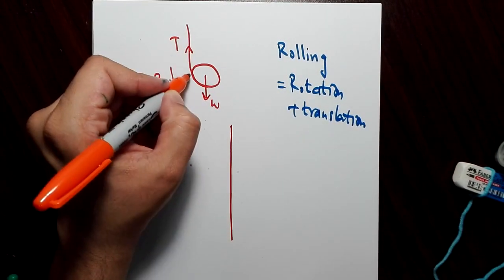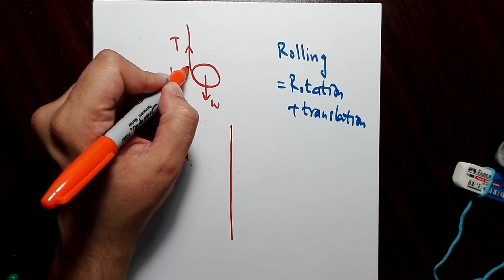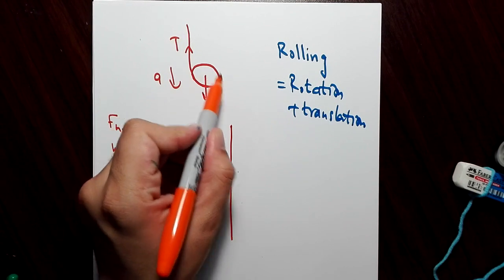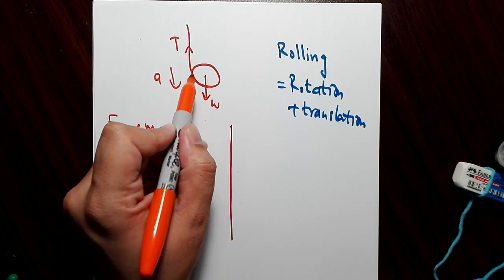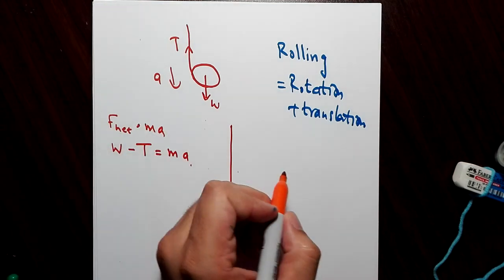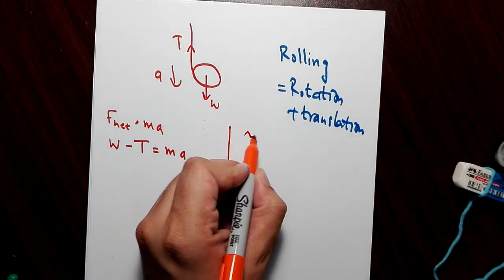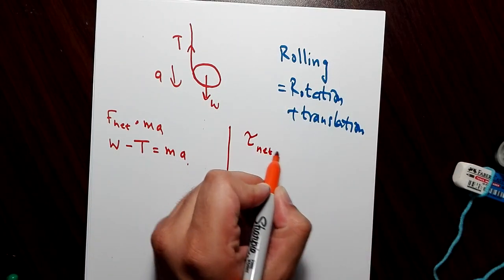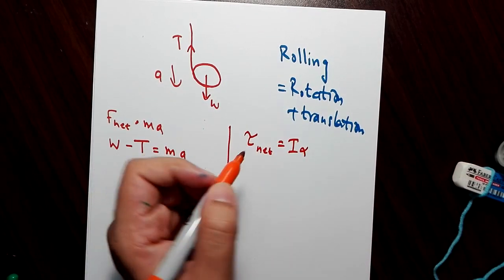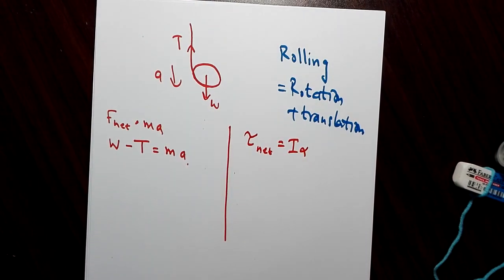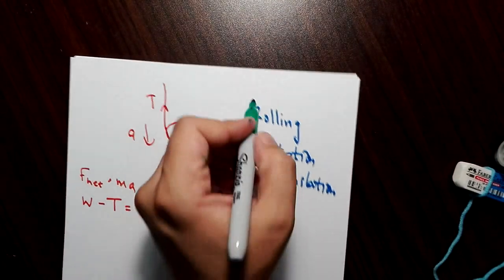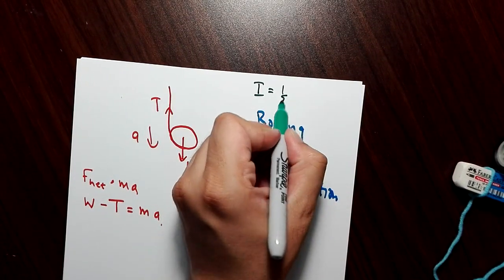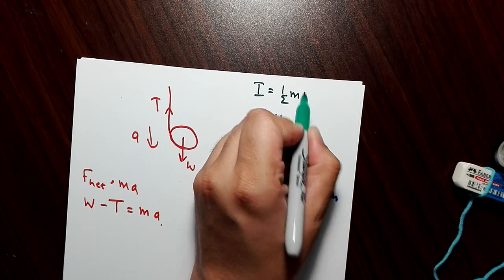Now, tension, you can see, is the reason why this pulley is rolling. It provides the torque that the pulley experiences. So for this rotation part of rolling motion, we can write Newton's second law of rotation: tau net equals I alpha. We'll assume that the pulley is a solid disk, and for that we have I equals half m r squared.